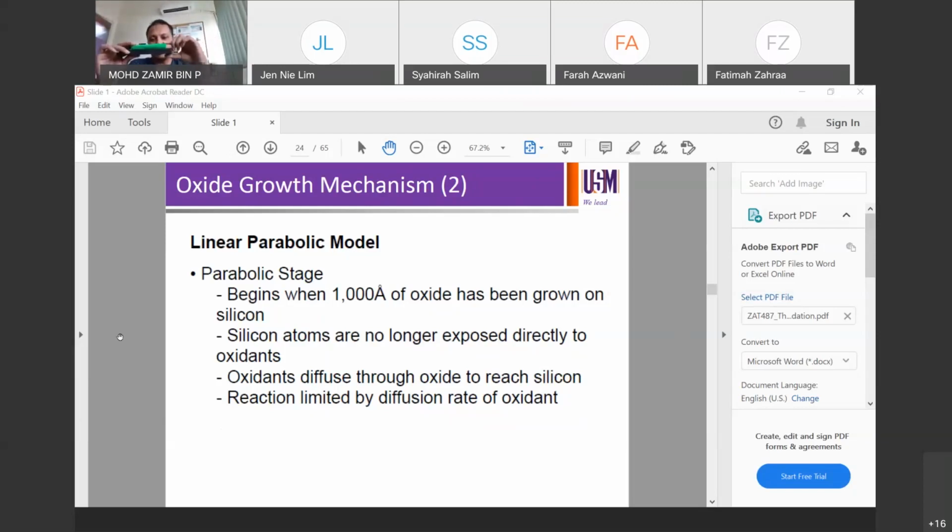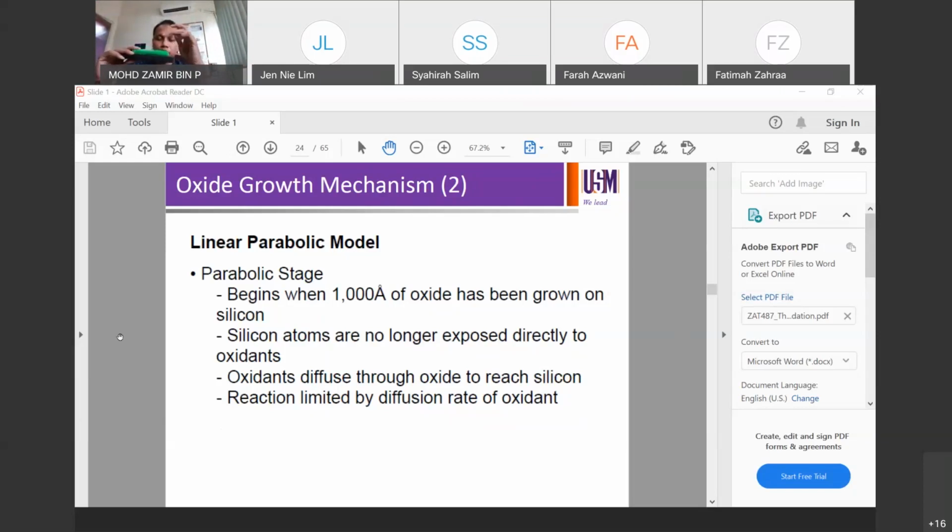So at this point, if you already have some thickness of oxide, your oxygen gas on top has no direct access to the silicon there, because the reaction started when it had contact with silicon atoms. But at this point of time, the dry oxygen, the oxygen atoms, do not have direct access to the silicon atoms.